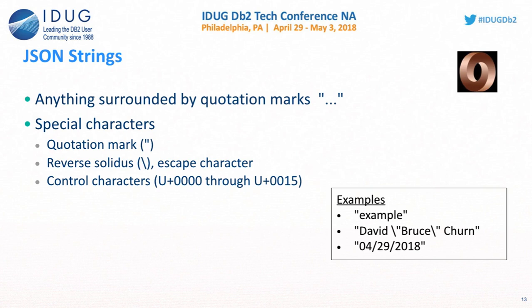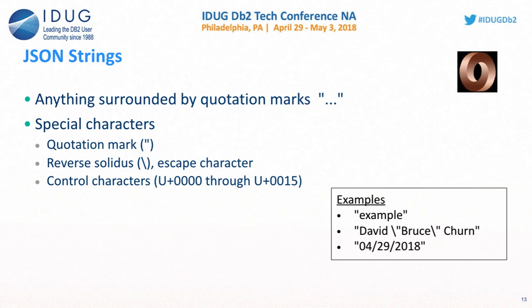So strings are anything surrounded by quotes. Okay? You can put anything you want in there, and there are very few rules on this. The big one is that you don't put a quotation mark, which is the double quote, inside your string unless you put an escape character just before it.